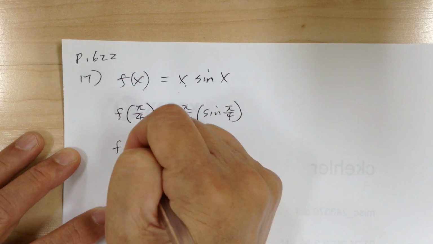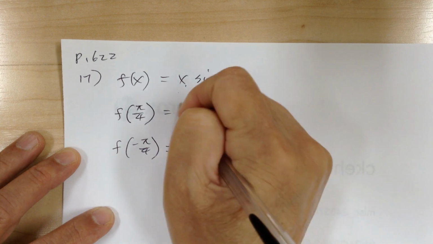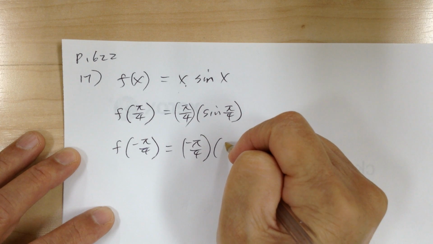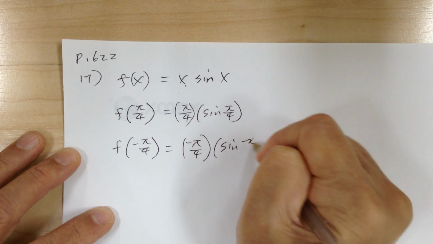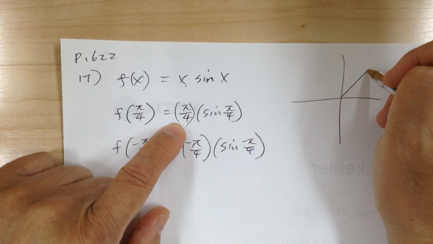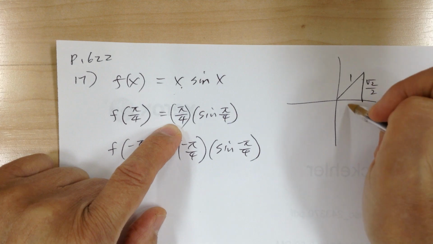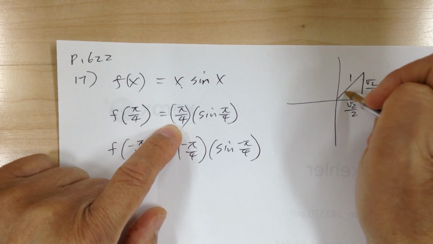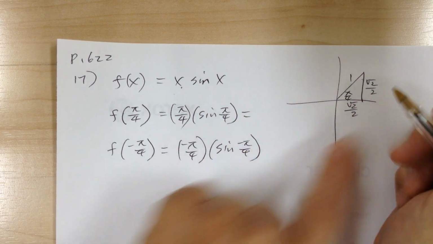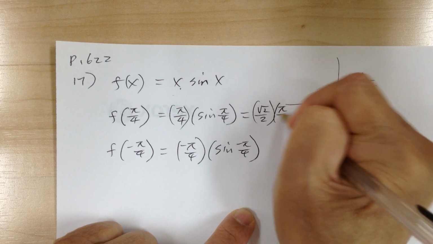And if x is negative pi over 4, this equals negative pi over 4 times sine of negative pi over 4. Now we have to evaluate this. Sine of pi over 4 is square root of 2 over 2, so this equals square root of 2 over 2 times pi over 4.